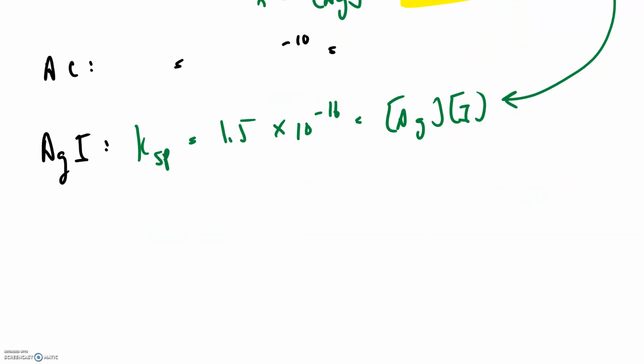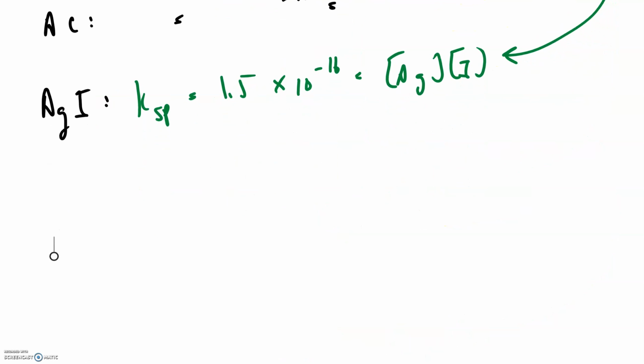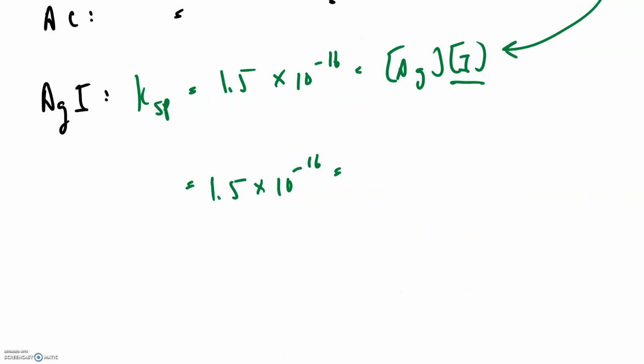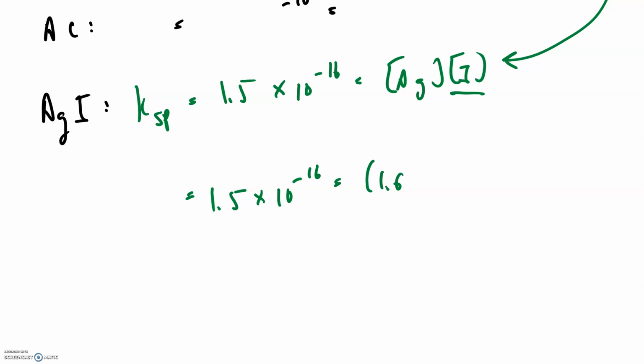So what's that going to do to our concentration of iodine? Now, we already have 0.1 molar. My computer's really slow. So let's find what this concentration of iodine is going to be when we get that silver to the point where the second one precipitates. So this is going to be 1.5 times 10 to the minus 16th equals the silver concentration when it starts to precipitate out, 1.6 times 10 to the negative 8th, times the iodine, which we'll just treat as X, and then we'll see what happens.